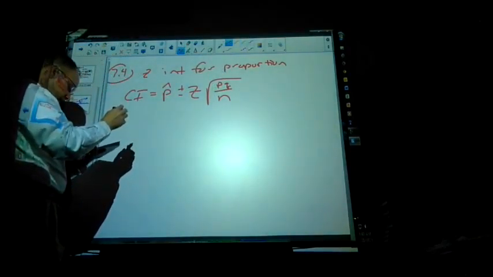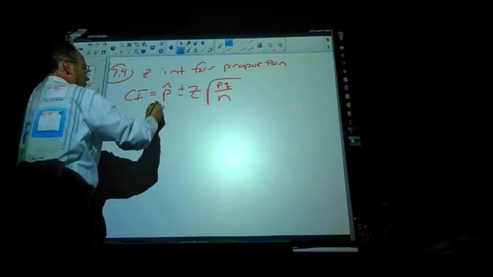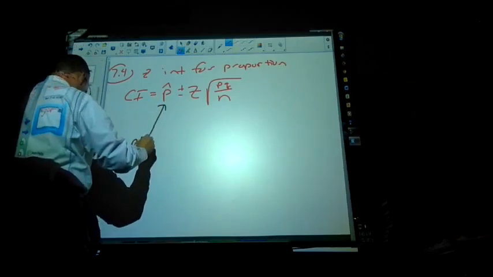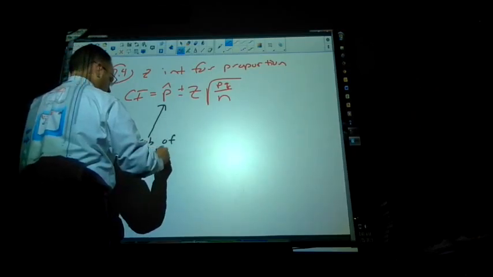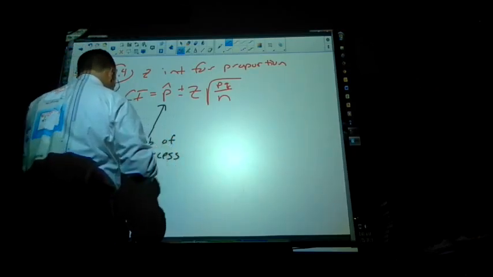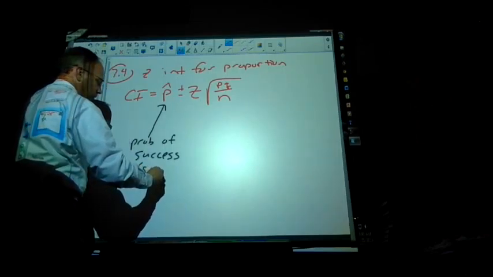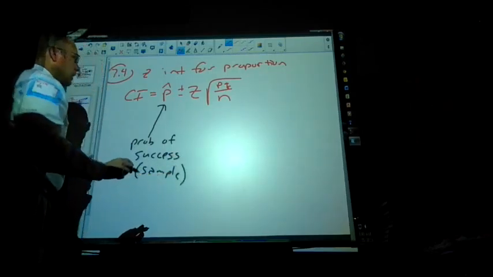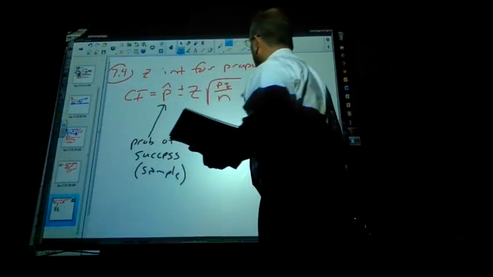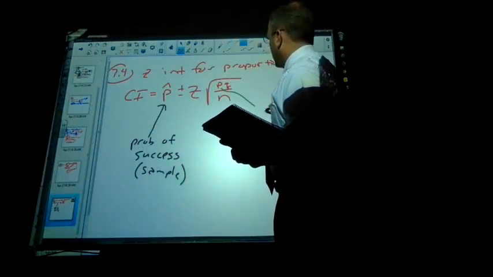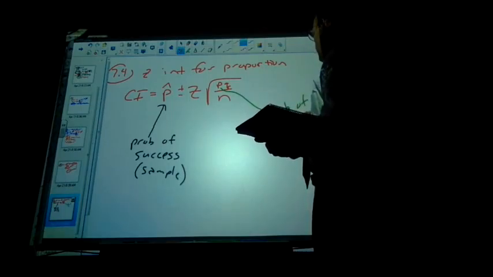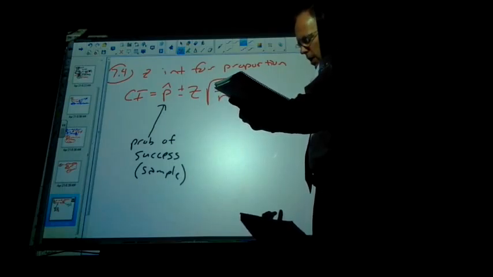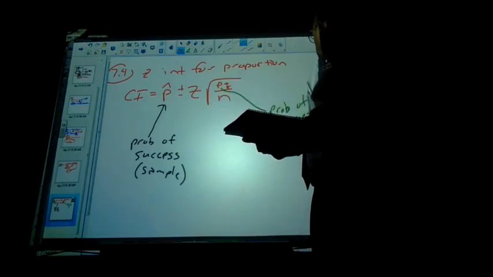So p hat is the probability of success of our sample. Okay? Just regular p right here is the probability of success of our entire population.